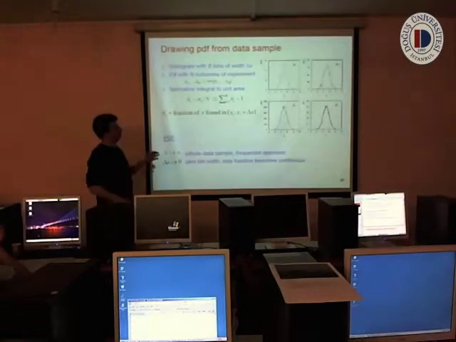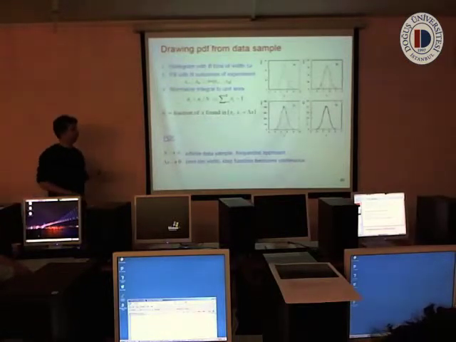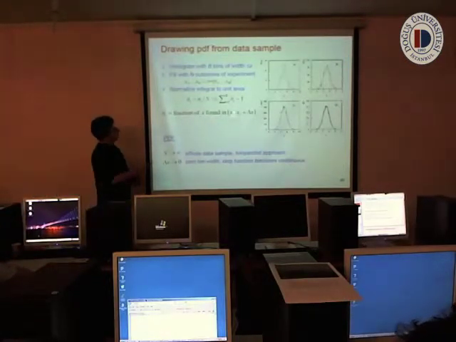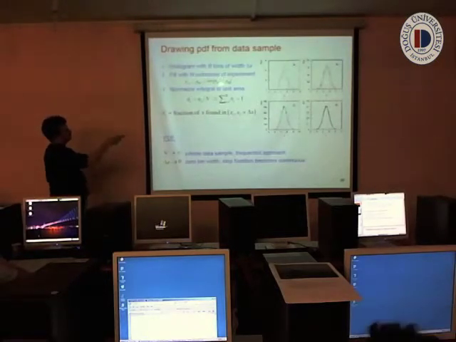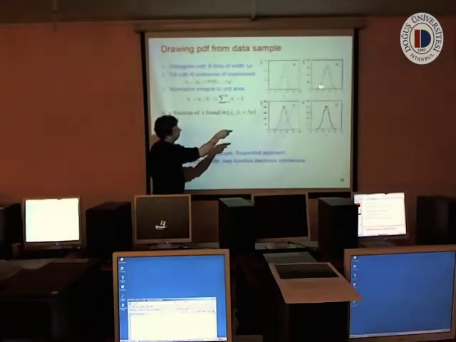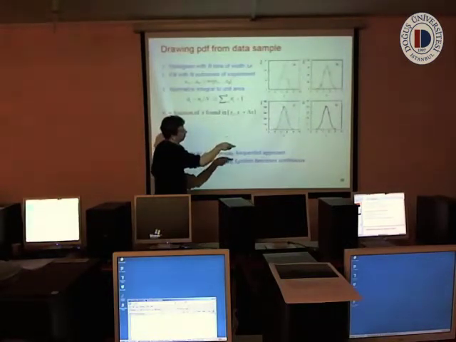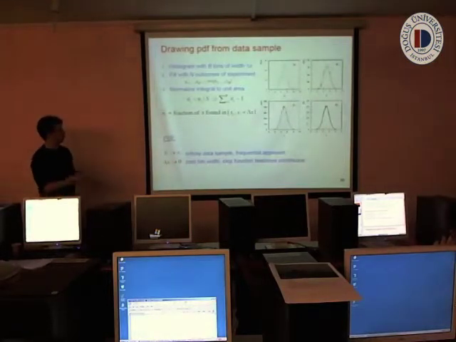So how are these related? The PDF is the probability density function. If you have a histogram, you fill it with the outcome of the experiment in bins. Here you fill more, and here you fill more, at the same time making the bin width smaller and smaller.